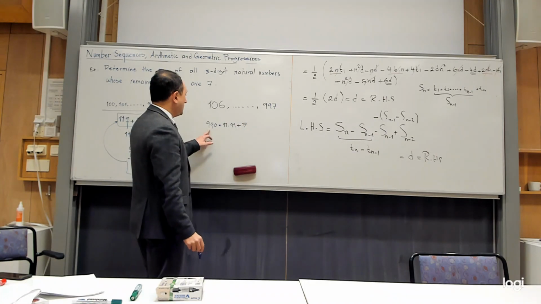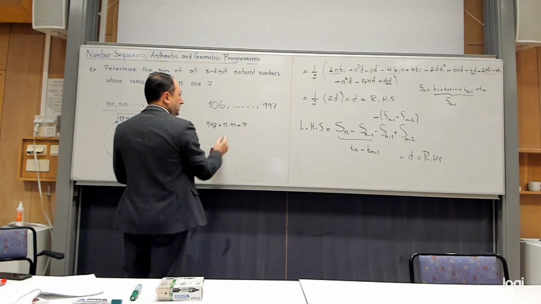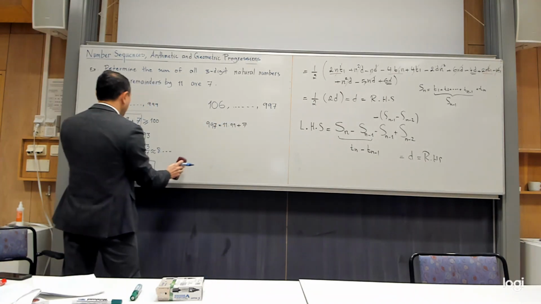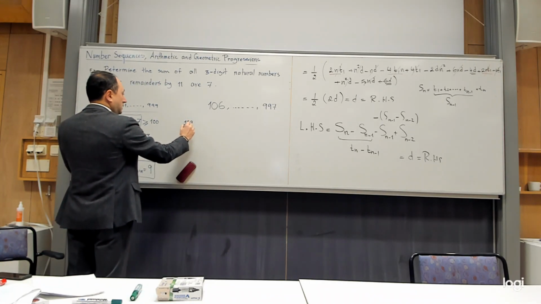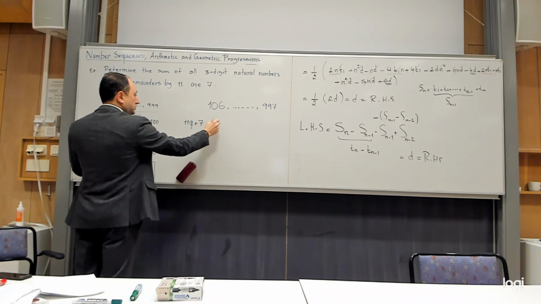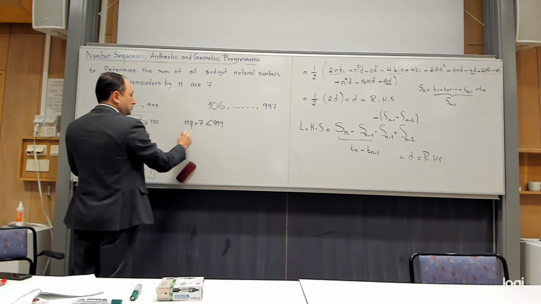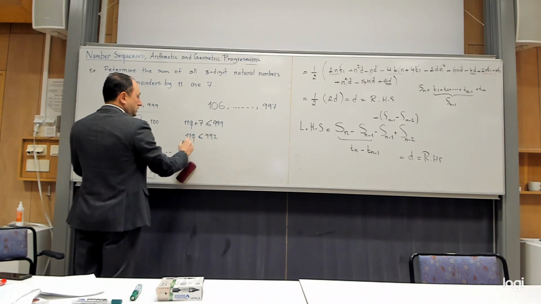So it means that 990, if I add 7 to it, then I will have this one. So the last one is this. If you want, of course, you can calculate it using this method. This time, I'm interested in finding the number which is less than or equal to 999. I move that to the other side. It becomes 992, and I divide by 11.